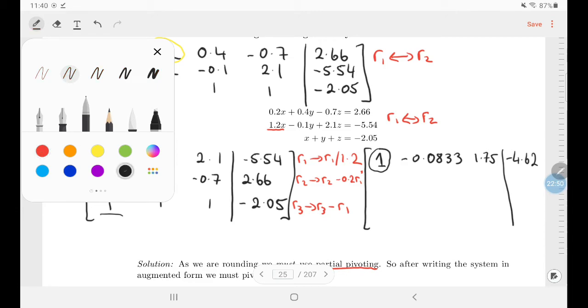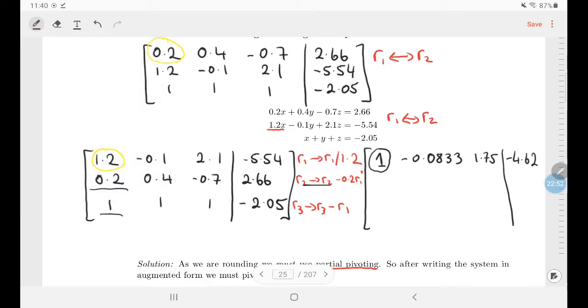Not a great job by me on the space. So we'll do row 2 first. 0.2 minus 0.2 times 1 gives me 0. That's good. 0.4 minus 0.2 times minus 0.0833, to 3 significant figures, 0.417.